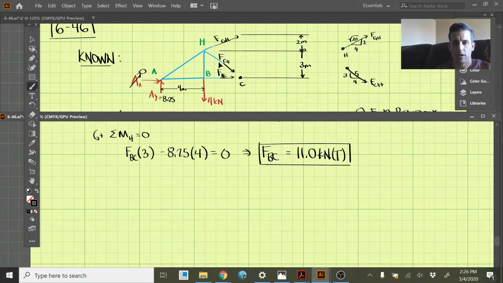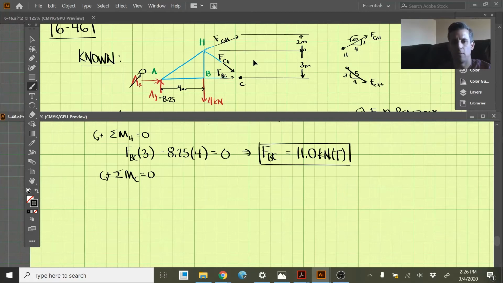Now we need to work on finding these other two forces that we have not yet found. I think we can take the sum of the moments around C and set those equal to 0. Now, even though we've cut C off of our diagram here, we can take the moments around C if we wish, and the equations still work out how they should.